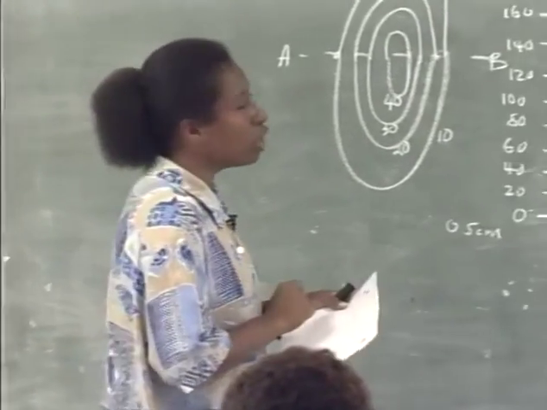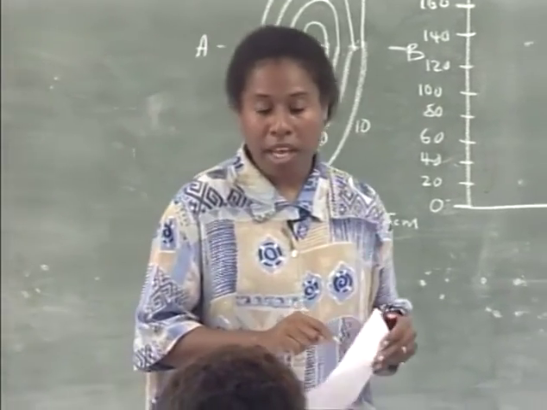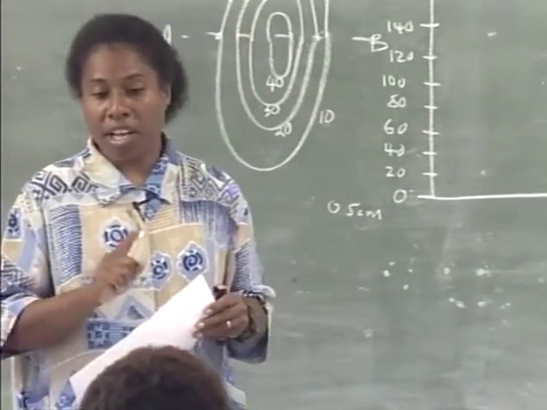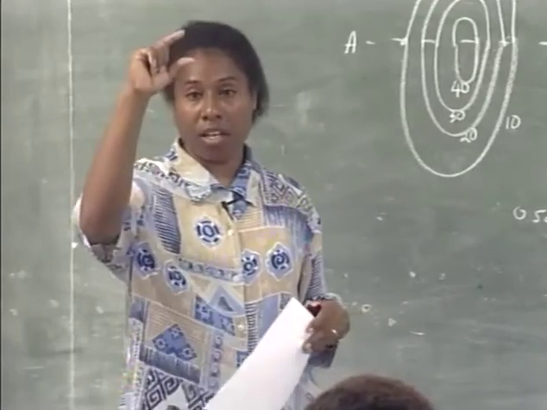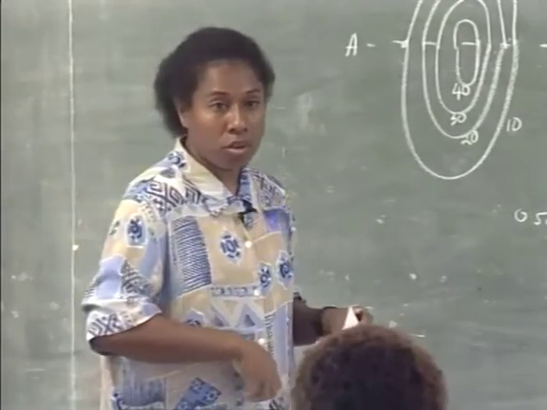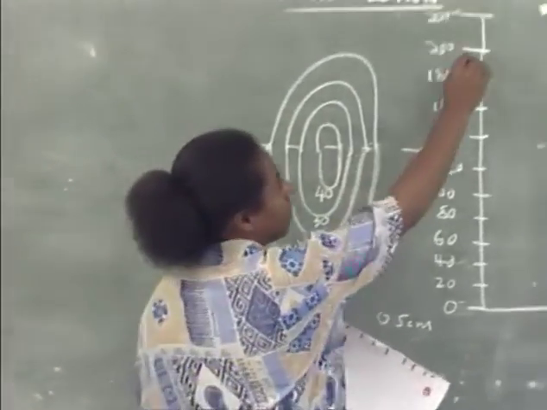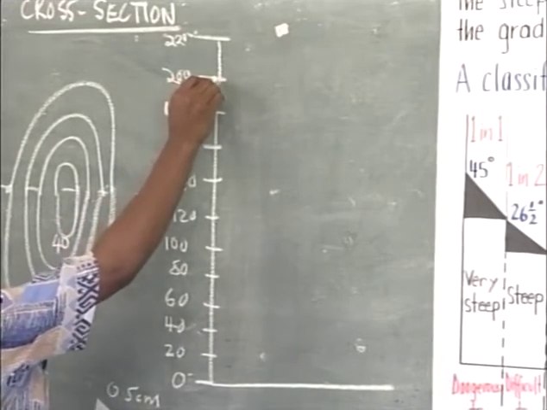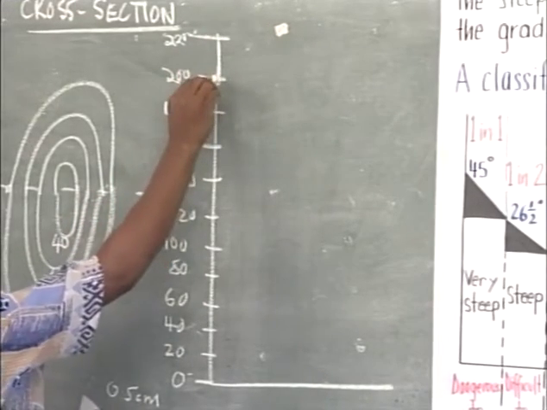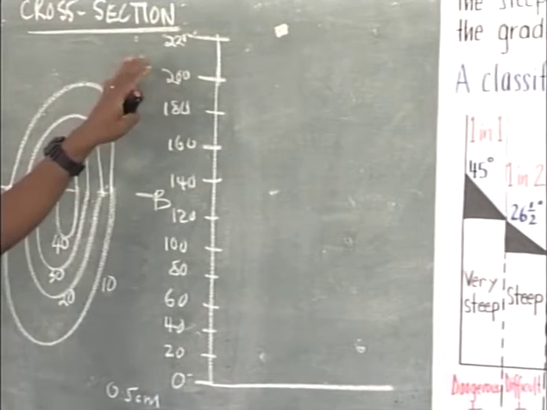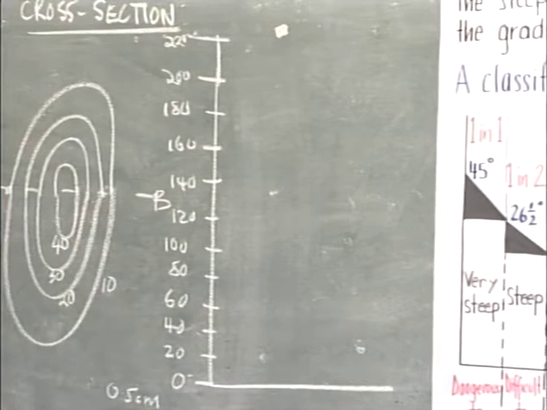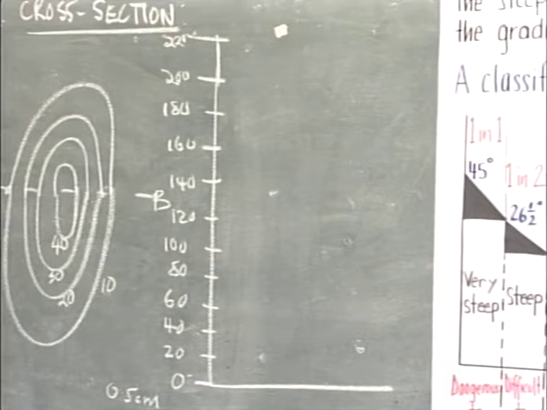Okay, so the highest point on your piece of paper is 200. Therefore, the vertical scale must cater for at least an extra 20 meters up so that we don't come to the end of the feature right at the top of our graph. This is to cater for that 200. So we just go up an extra 0.5 and label or indicate that that is 220. That is for the vertical axis.